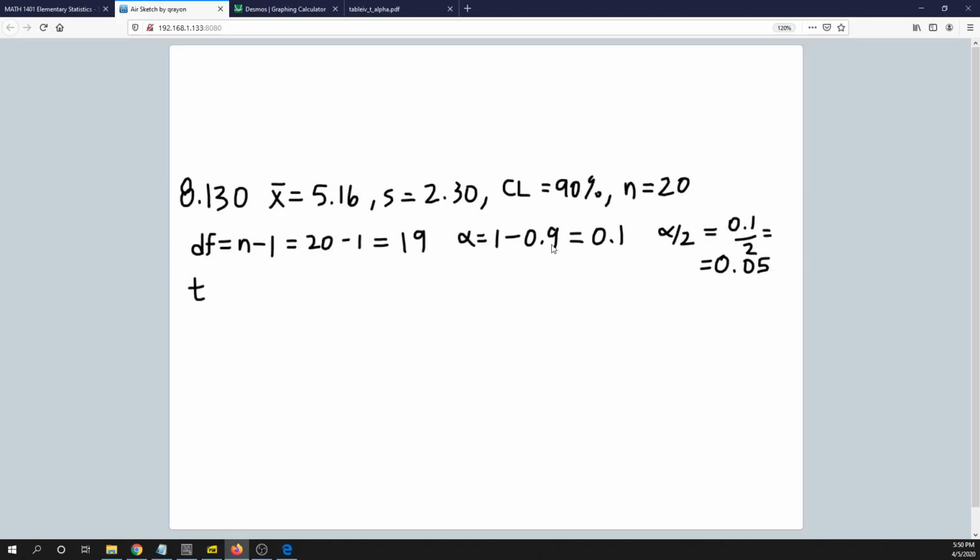All right, so next up is to find t of alpha over 2. That is going to be t of 0.05, the t value that has an area underneath the t curve of 0.05. We find that by going to table 4.